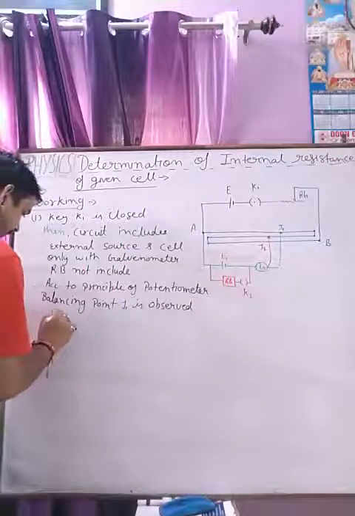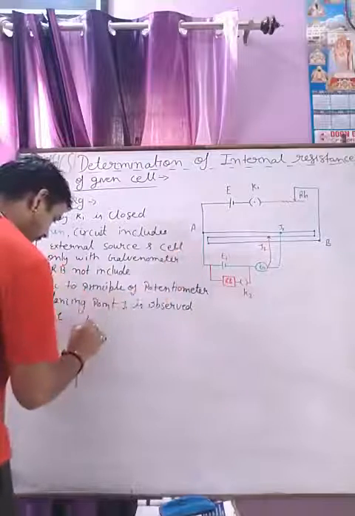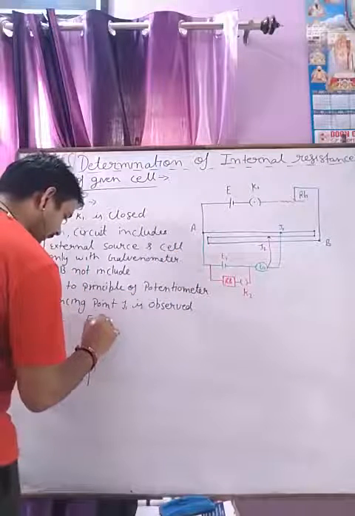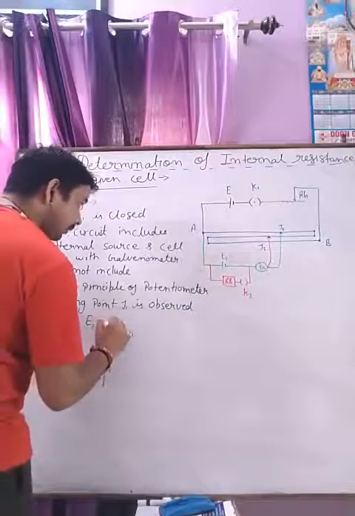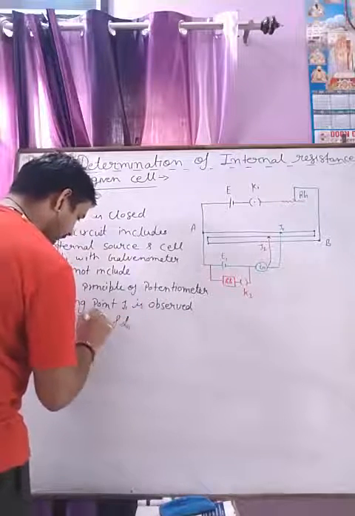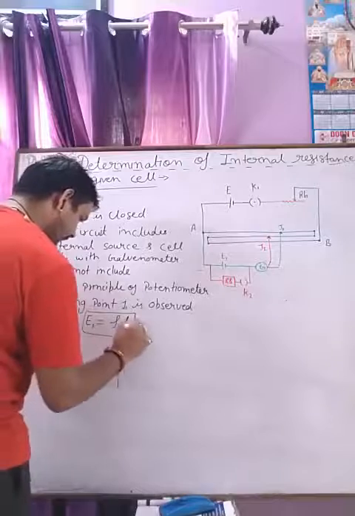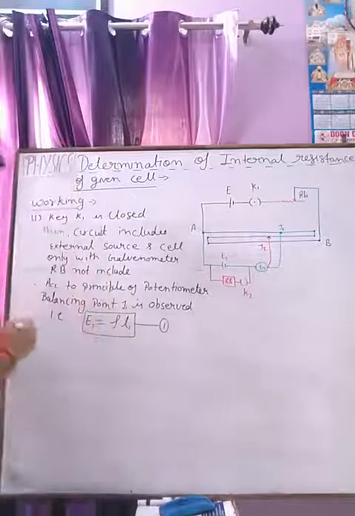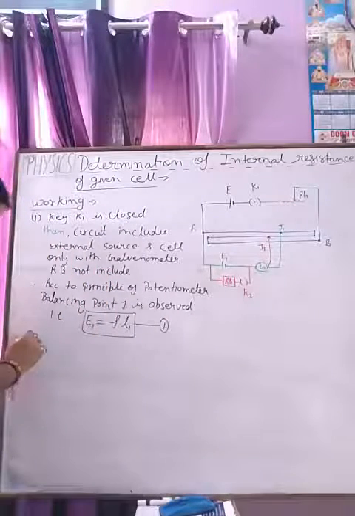That is, E1 is equal to rho L1. This is equation first.